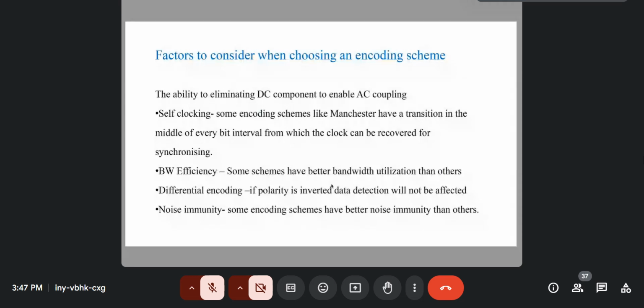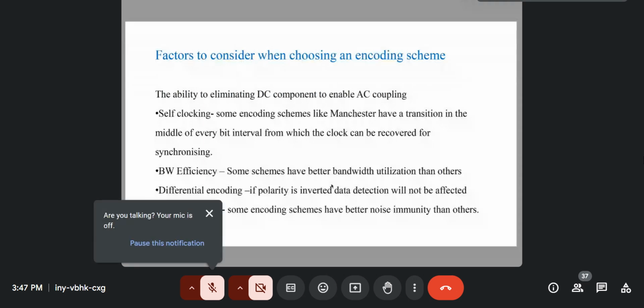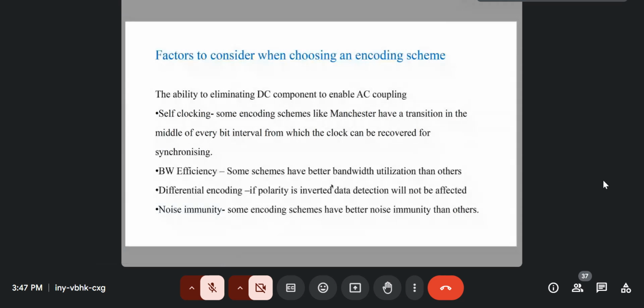So among the ones we discuss, you're going to find some that have 2 transitions for 1 bit, and that is spectrally not efficient. Ideally, you should carry 1 bit with 1 transition. If you do 2 transitions to carry 1 bit, that is considered spectrally inefficient.